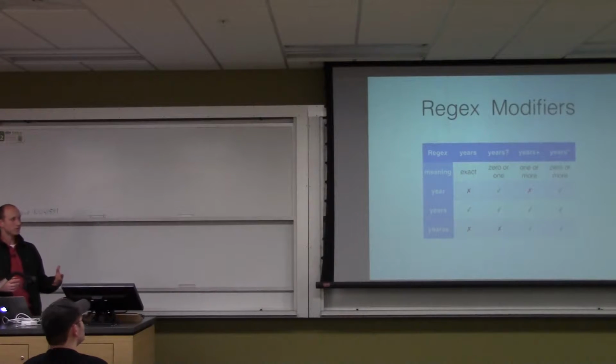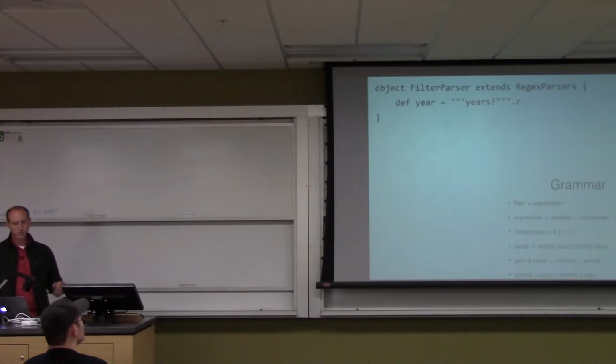So in our case, we want to match against year or years, which is equivalent to the question mark, the 0 or 1. So we'll put a question mark in there, and now we have a regular expression that implements this part of our grammar, that'll match both year and years.